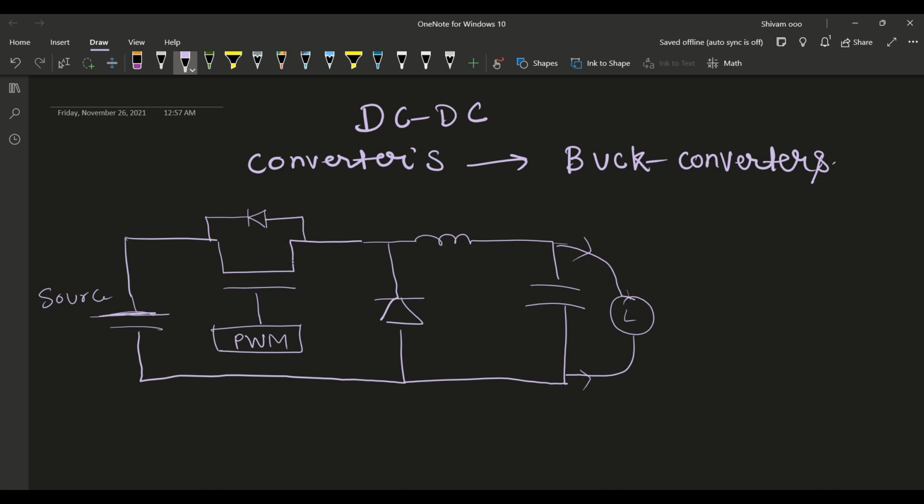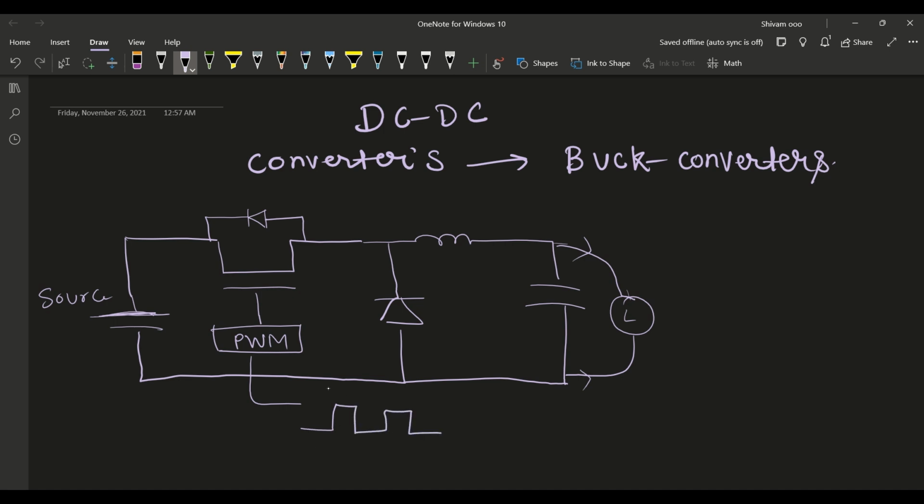This switch is responsible for the main switching action in the buck converter. It will turn on and turn off depending upon the frequency of operation and the PWM pulse. So we give a pulse here to turn it on and off.